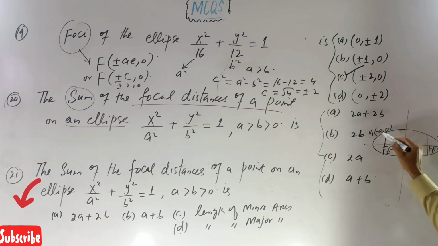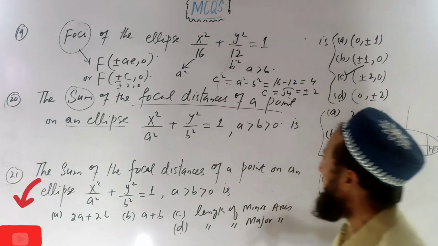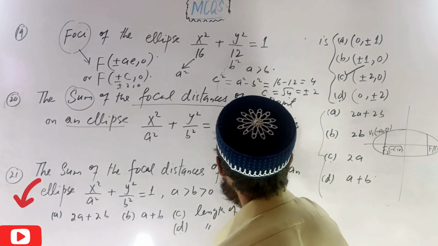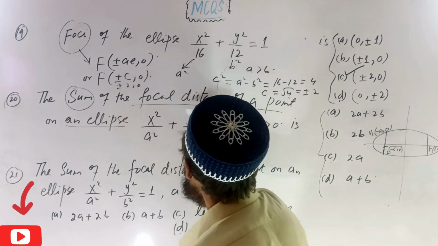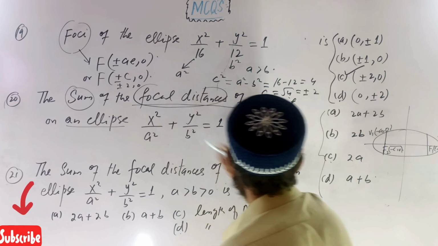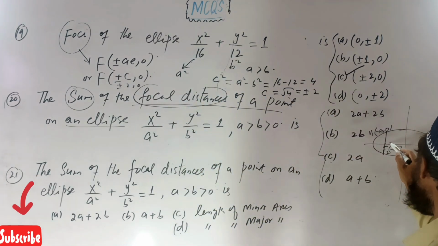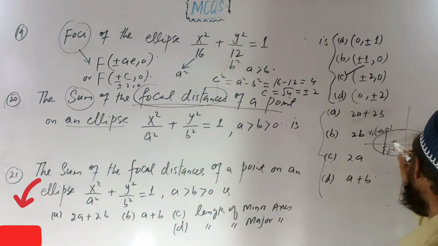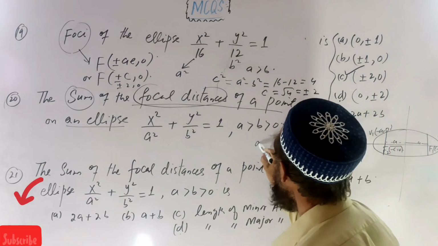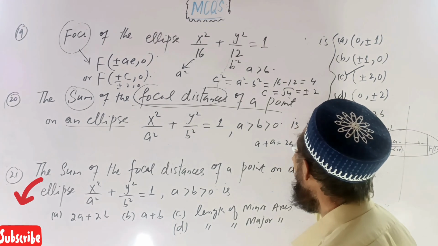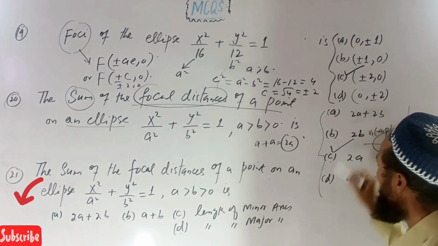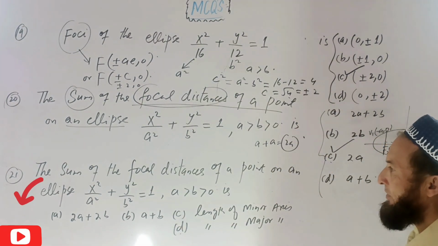So the distance between these two points is minus A and plus A, and adding them we get 2A. So option 2 is the correct answer.